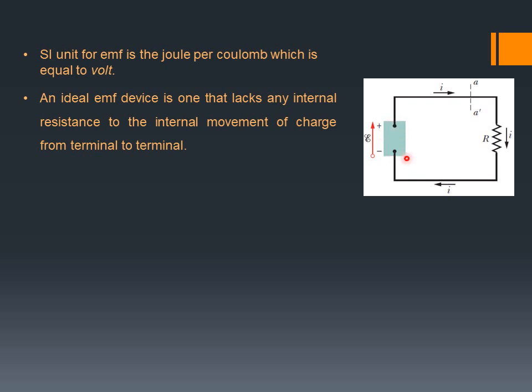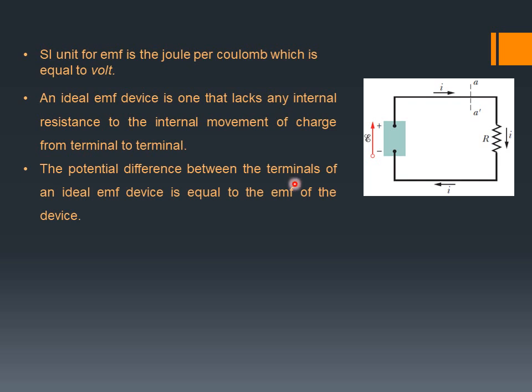It means no resistance for the charges inside the battery. Ideally, if that is the case, then the potential difference between these two terminals, positive and negative, will be equal to the EMF of the device. But of course, it is in the ideal case. In reality, it doesn't happen so.